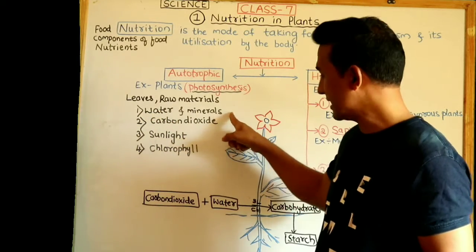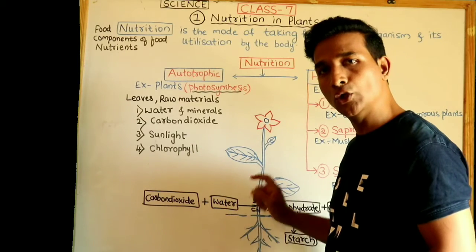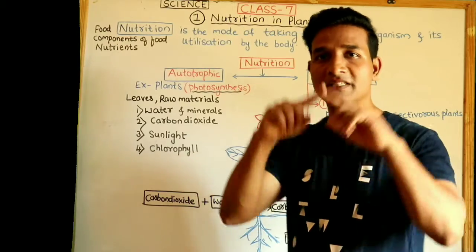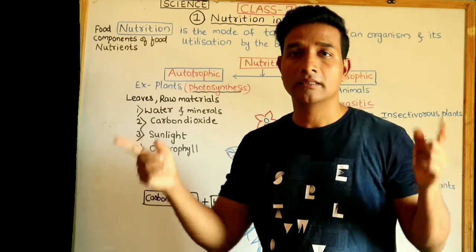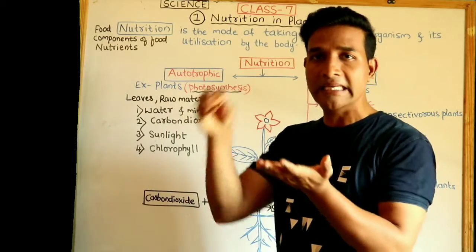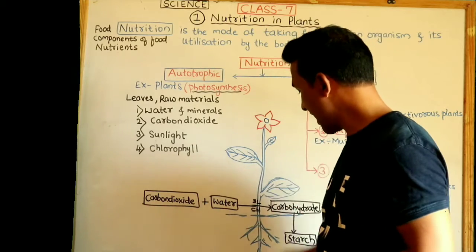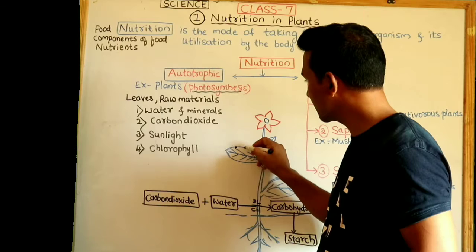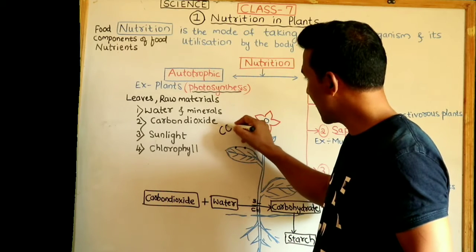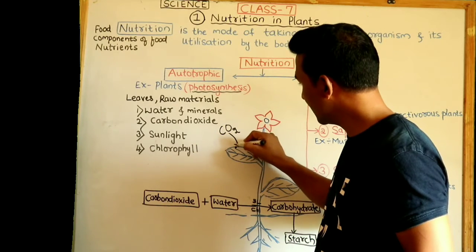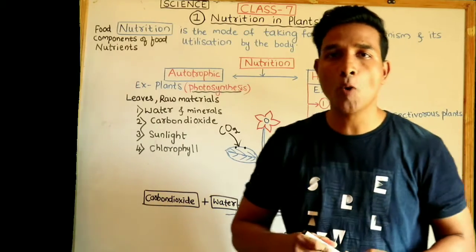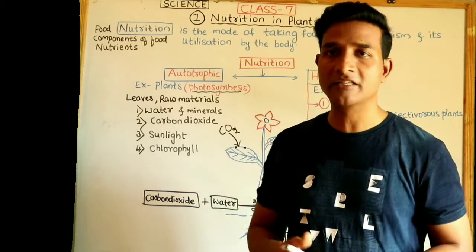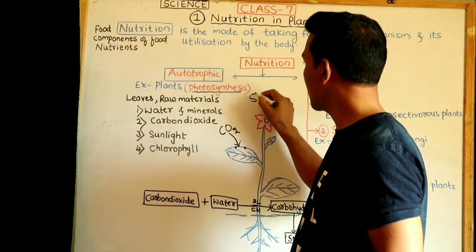Water and minerals are absorbed by the roots. Carbon dioxide is present in the air. This is absorbed by the leaves. The leaves have small tiny openings, and carbon dioxide enters inside through them. The small openings present in the leaf are called stomata.